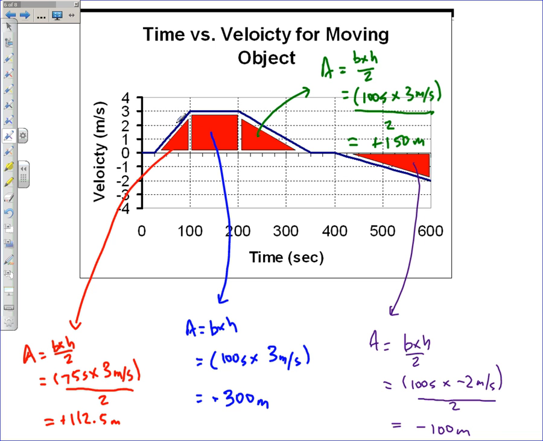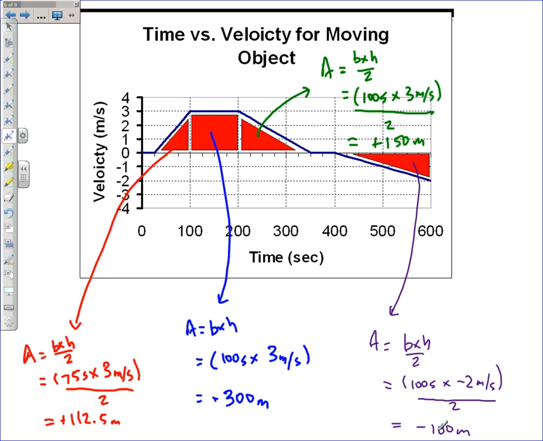All of these displacements during this section are all positive. That means that it's speeding up, going at constant velocity, and slowing down, but it's still always going in the same direction. It's always getting farther and farther away from the reference point. But during this section, the purple part, that displacement being -100 means that it turns around and went back towards where it started. So you put these all together.